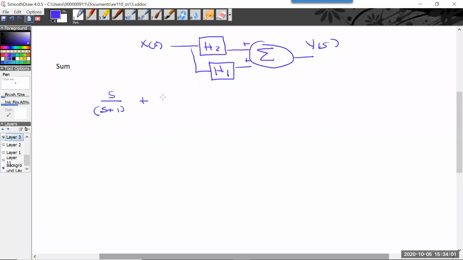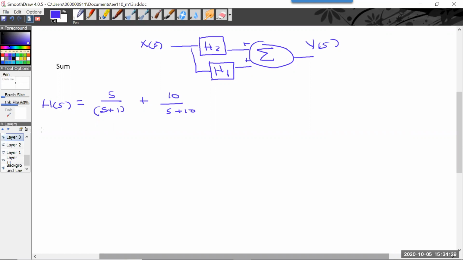And so if we would get, right, we just follow it through. Y of S equals X of S times H2 plus X of S times H1. Right, that's where this comes from.